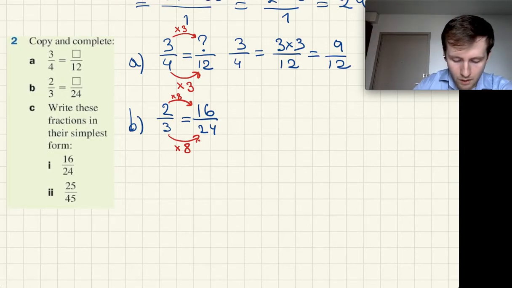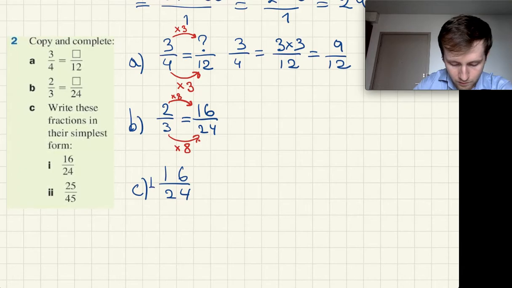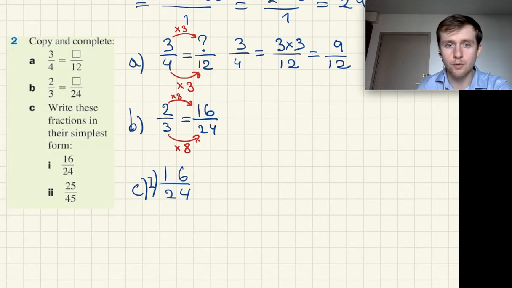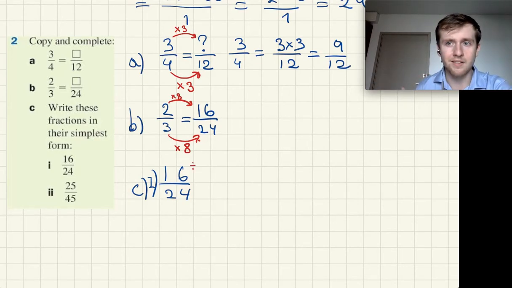And in C we have to write these fractions in their simplest form. So we have 16 over 24 in number 1. Here you have to think what numbers both 16 and 24 can be divided by.